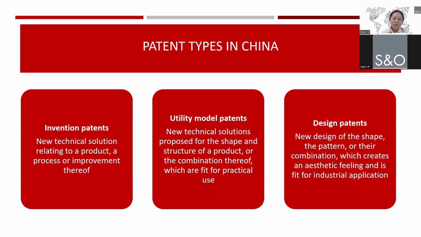The first, invention patents. Invention patents protect new technical solutions relating to products or process and are typically viewed as the most significant form of patent protection. They offer the longest period of exclusivity, 20 years from the filing date.